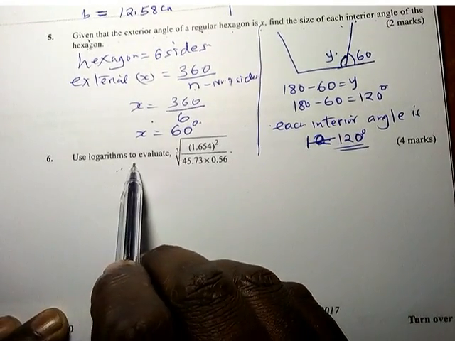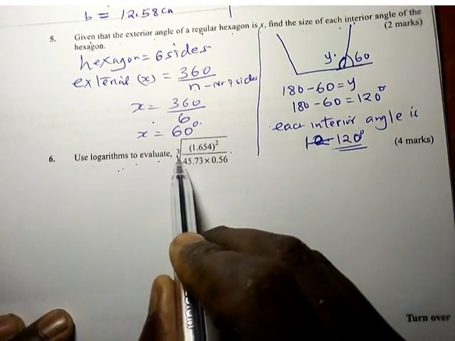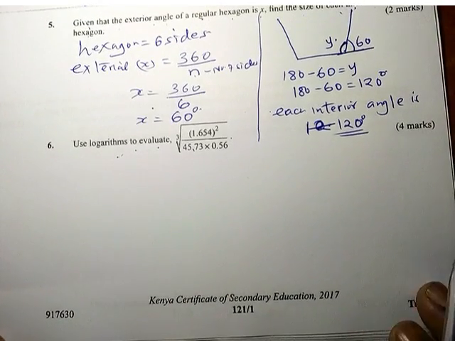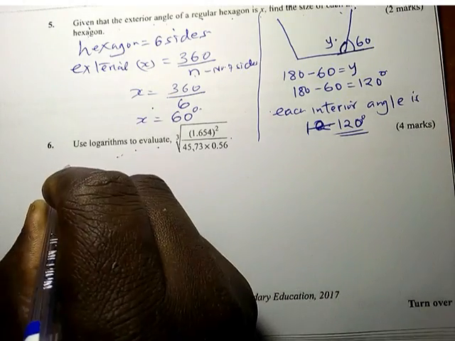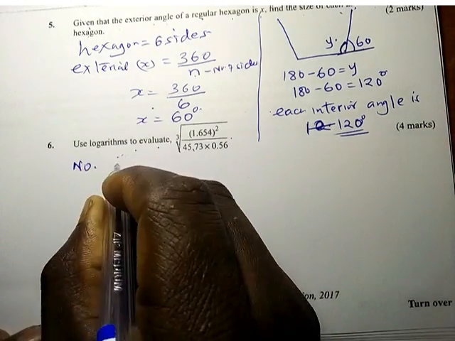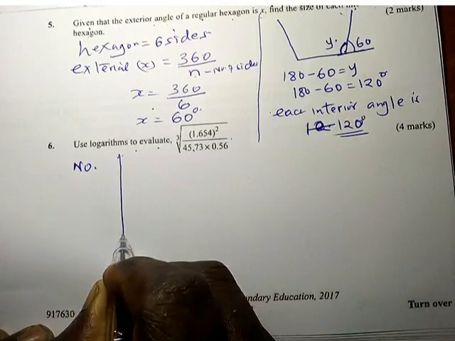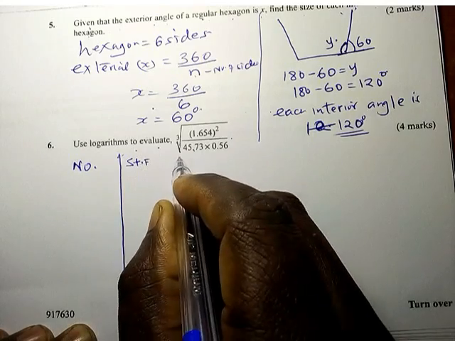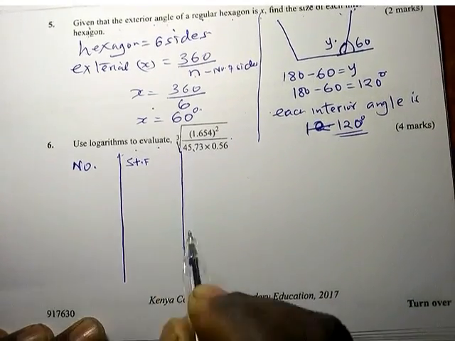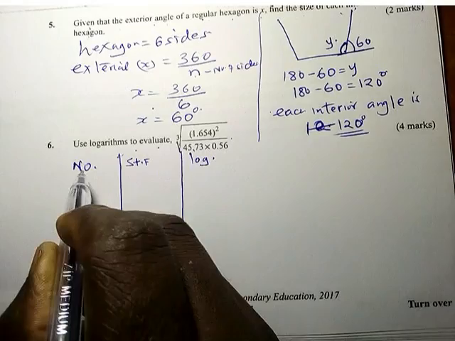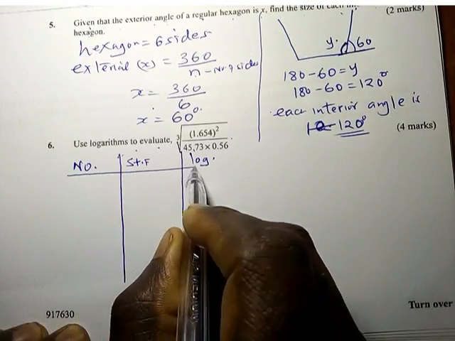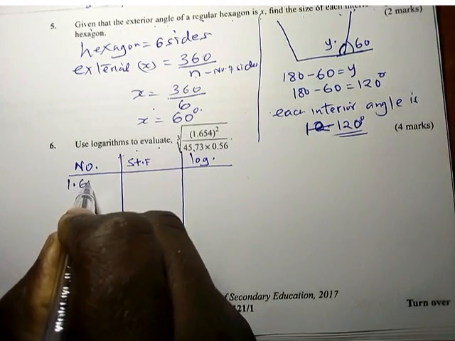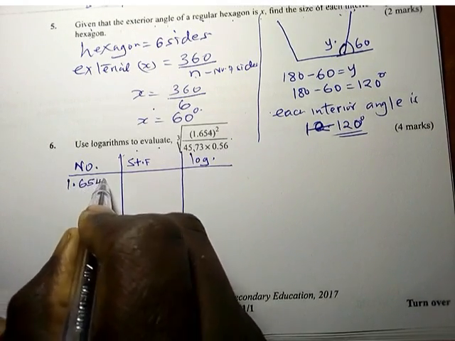Use logarithms to evaluate the cube root of this and that. Now that one you must use the logarithm. You first write the number in standard form, and then take the log. The first number is 1.654 squared.